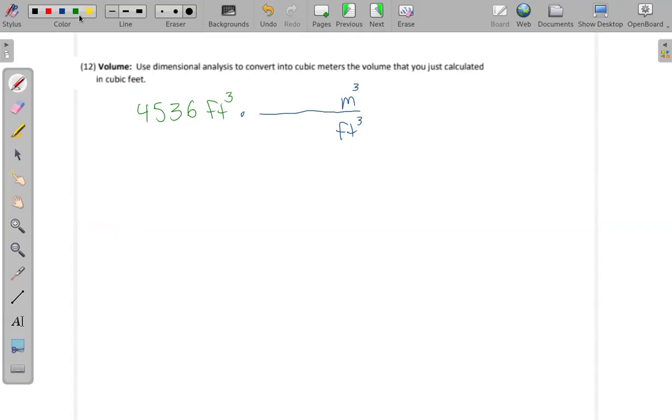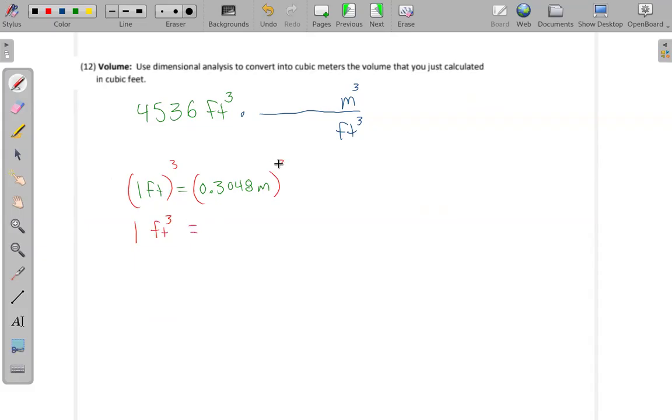I'm just going to go back to what we calculated earlier, that 1 foot is about equal to 0.3048 meters. And to make those cubic feet and cubic meters, we're just going to cube each side. Well, 1 cubed is 1 times 1 times 1. That's still 1. And feet cubed is feet cubed, or cubic feet.